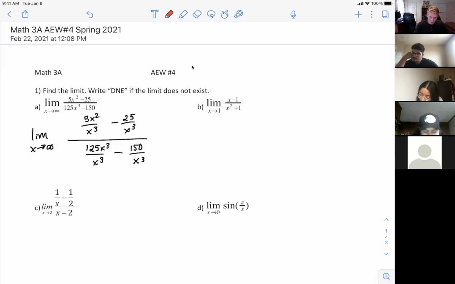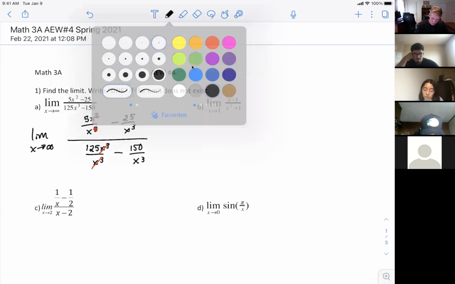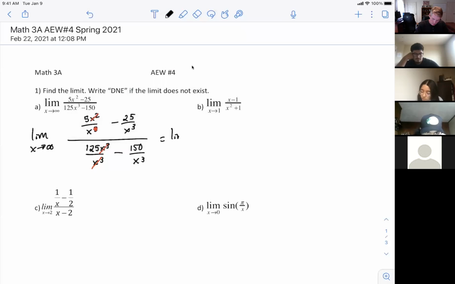And then as far as algebra, I could have these x cubes cancel right there, and then this x squared will cancel, so it just leaves 5 over x. So on the top, there's 5 over x minus 25 over x cubed, which can't be reduced, and then on the bottom, 125 minus 150 over x cubed.